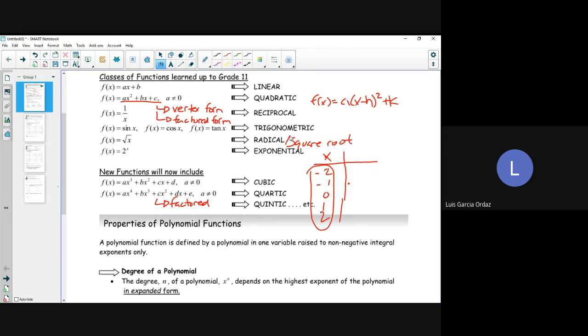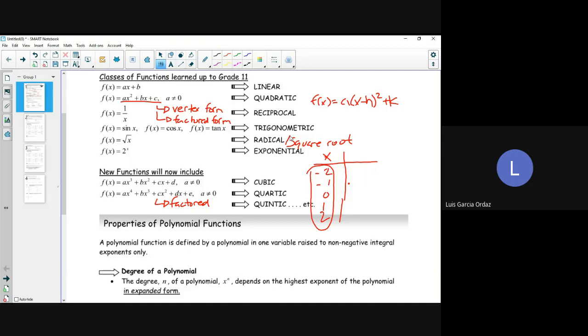So why can't we use vertex form to factor the cubic and quartic functions, and quintic and so on? They technically don't have a singular vertex. In these new cubic and quartic polynomial functions, they're called turning points.